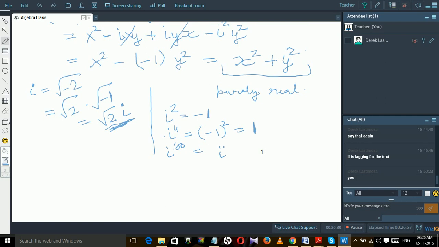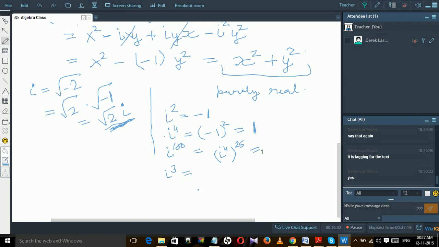One, very good. We'll take iota to the power 4 over to the power 25. That will give us 1 to the power 25. That gives us 1. 1 to the power anything gives us 1. Okay, very good.